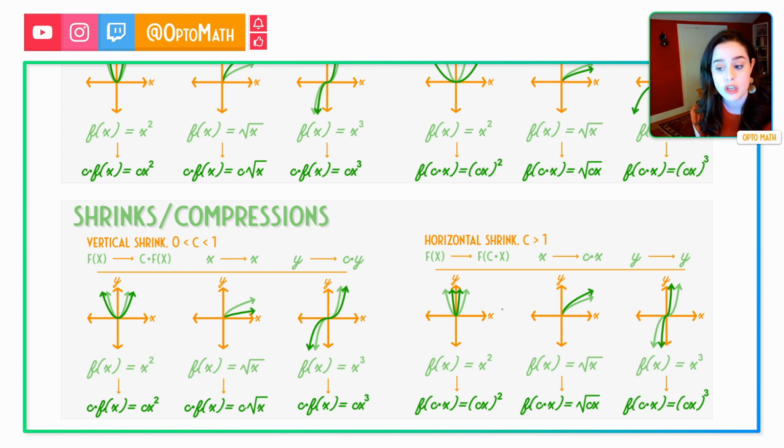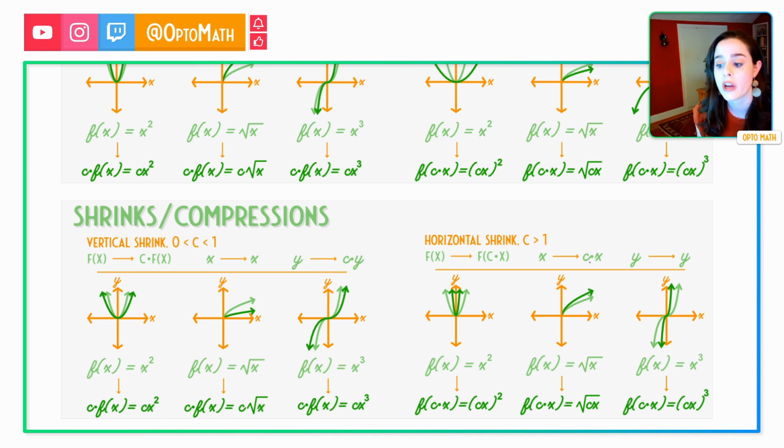Let's take a look at horizontal shrink. So horizontal, again, remember that's our left to rightness, our x-axis direction. If you ever get vertical and horizontal mixed up, just think about horizon. It's the horizon line, and that goes with horizontal. So that's going to be a c on your x, so c times x, but c would be greater than 1 here.